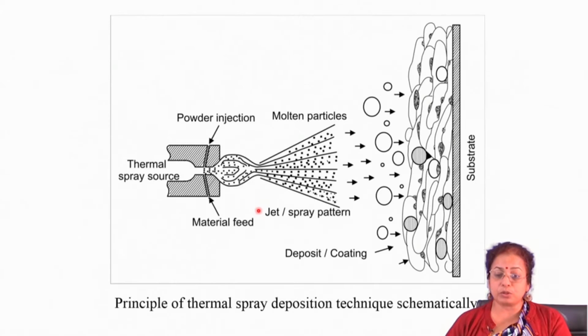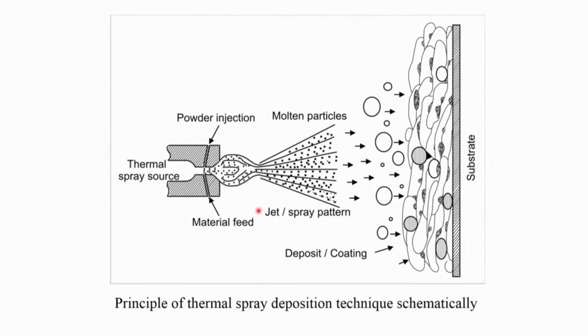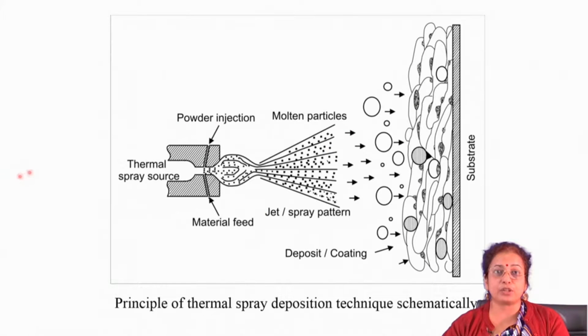Now, if you quickly go through the technique in detail, you will find how the spraying is done. This is typically the spray torch, where you can use any heat source for heat generation, and in the torch you inject powder, and powder particle size usually is 45 to 60 micron.